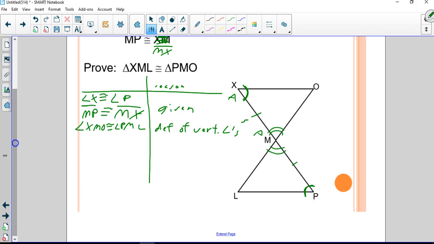That's an angle. So this should be XMO and PML. Just little reversal of letters. Sorry about that. So triangle XMO is congruent to triangle PML, and that's going to be by ASA.